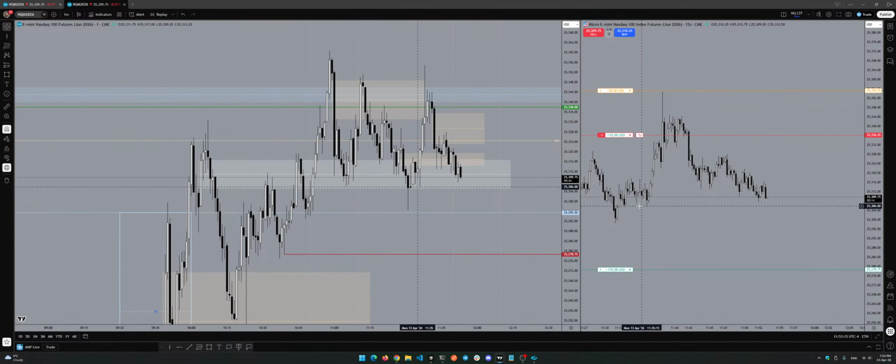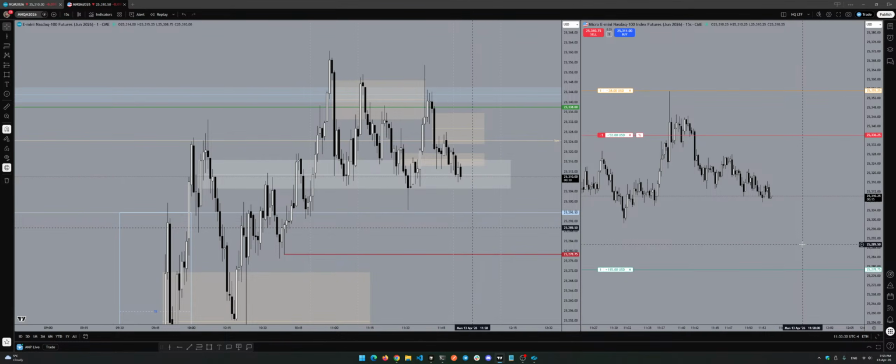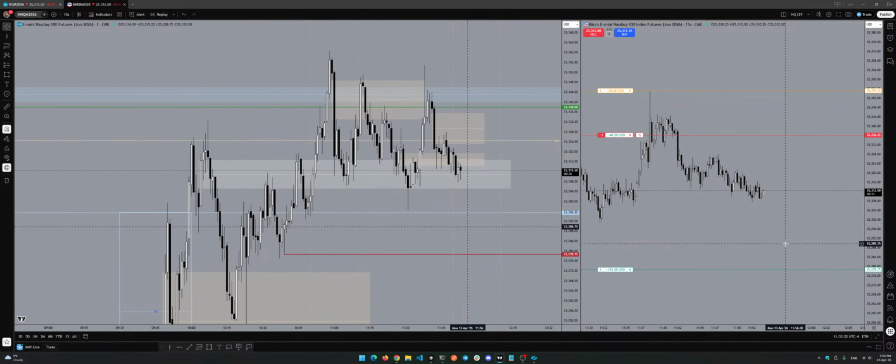These lows were not swept, so still holding. But should we? Unable to cross the midpoint.